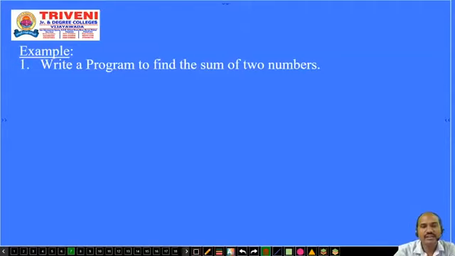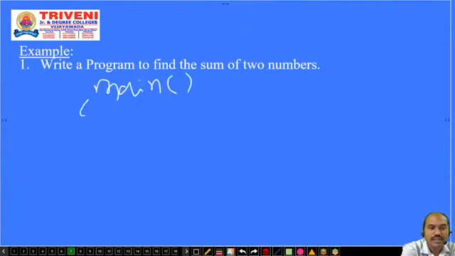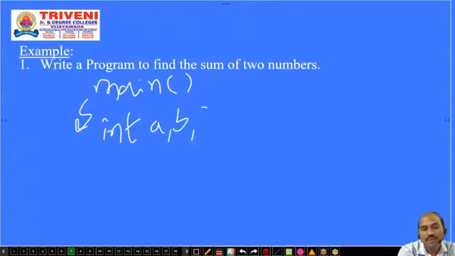Again, I will write clearly, step by step, how to program it. The first one is the main statement, then open the curly brackets. Next, integer a, comma, b, comma, sum. These are three variables.